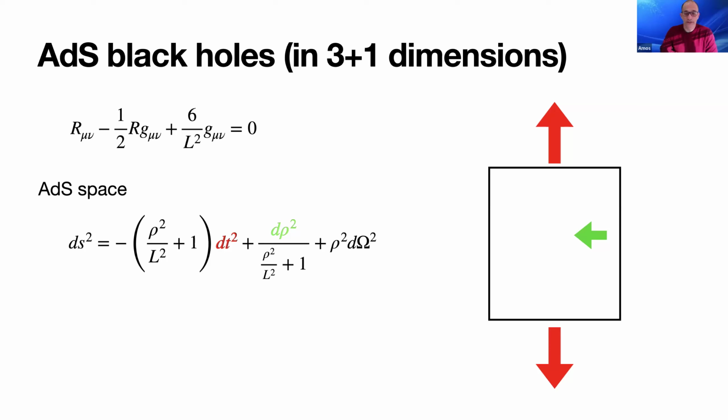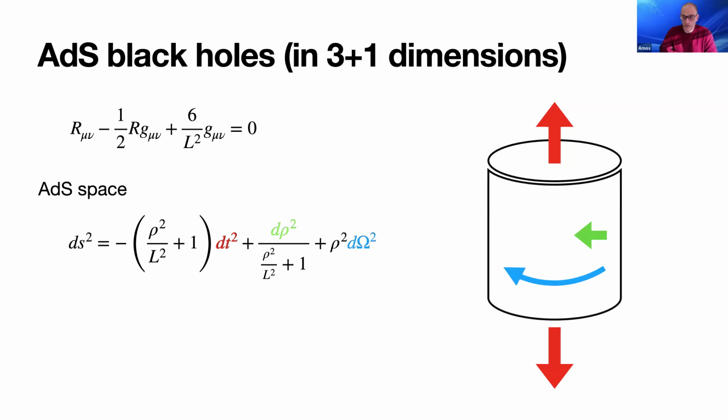Often it's useful to consider a two-dimensional Penrose diagram where the angular coordinate is also represented. The two-dimensional Penrose diagram would look like this, and the extra circular direction represents a two-sphere. So this is AdS space.